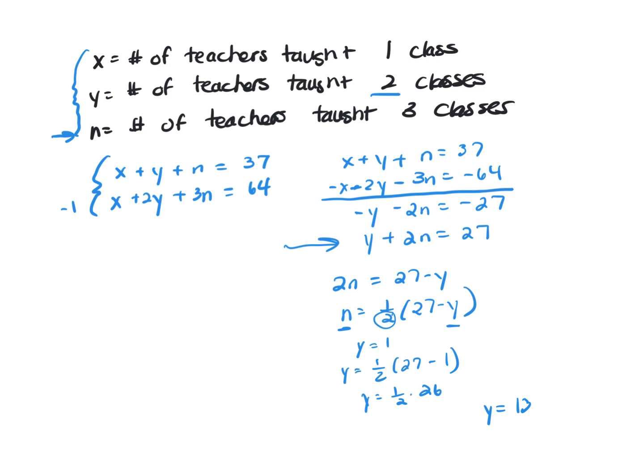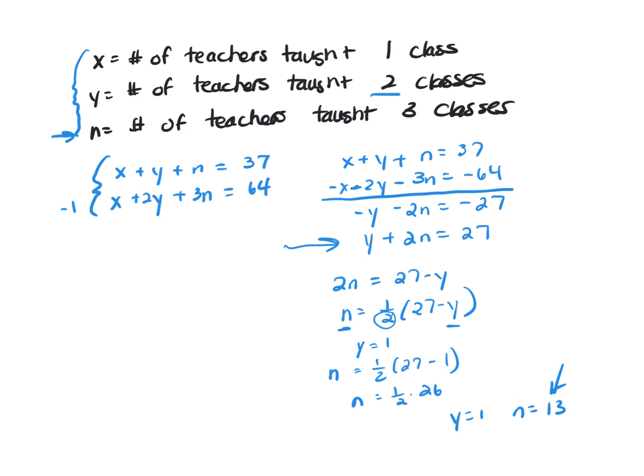Hold on. I let y be 1, but it's still n on the left-hand side. So n is 13 when y is 1. When y equals 1, I got n equal 13. And that's going to be your maximum number.